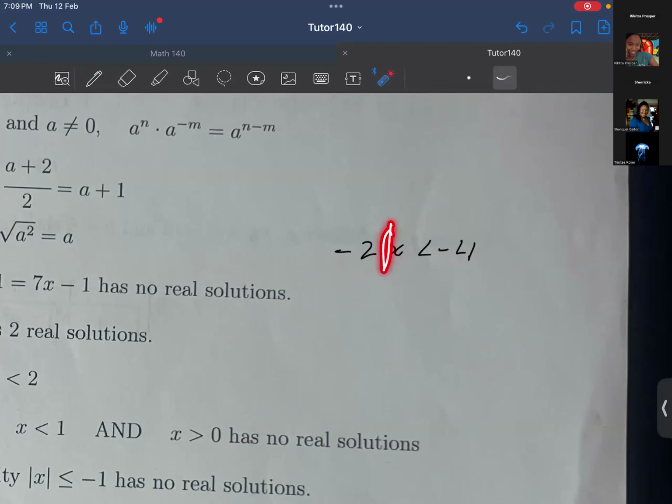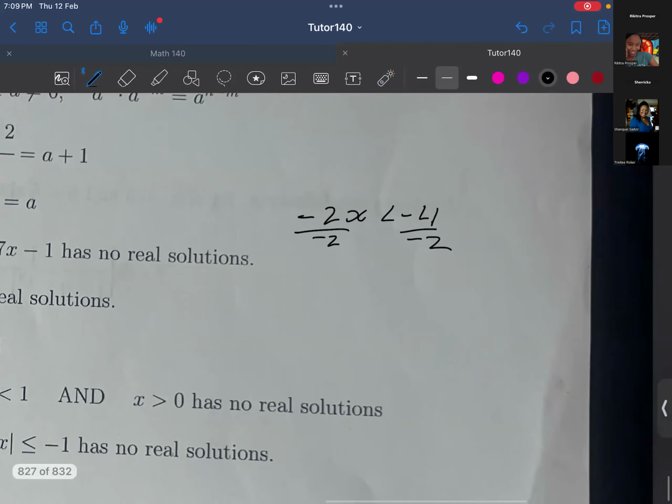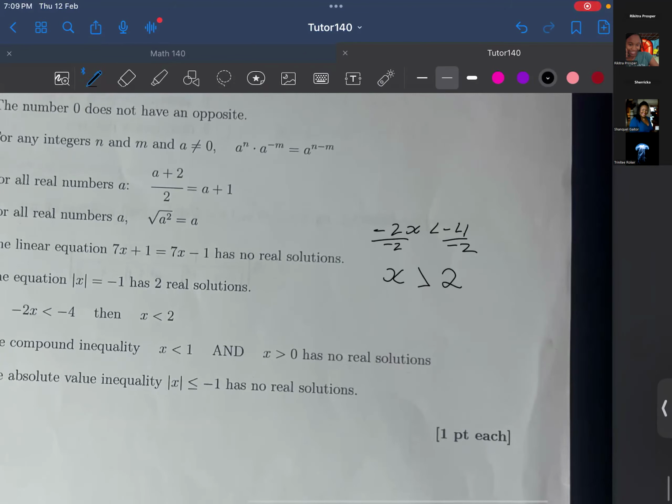Dividing by negative 2, what you do to the left, you have to do to the right. Since we're dividing by a negative number, the sign flips. So now we'd have x is greater than negative 4 divided by negative 2, which is positive 2. X is greater than 2.